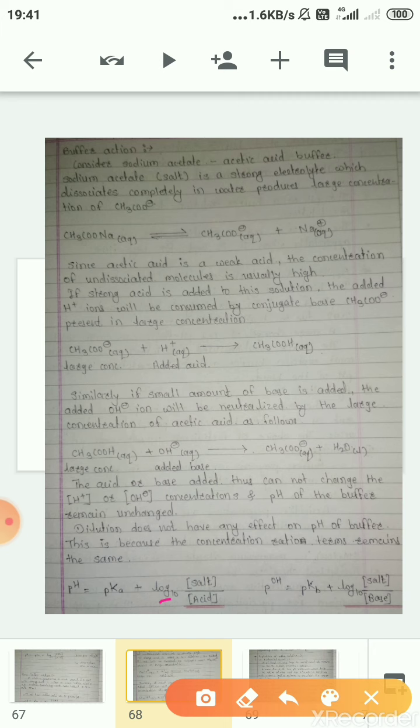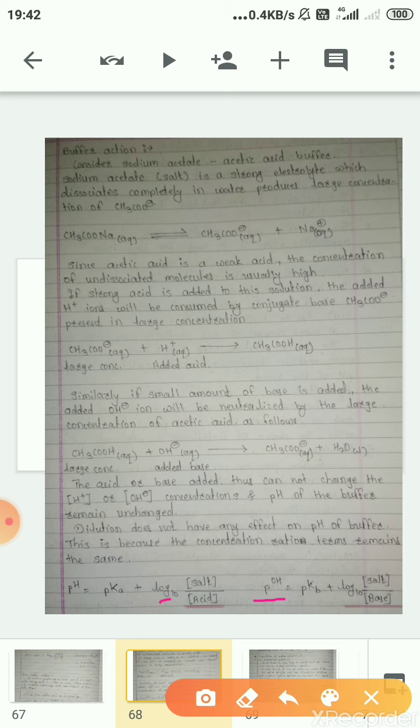Similarly, we can measure the pH of a basic buffer solution by pKb plus log to the base 10 of the ratio of concentration of salt to concentration of base.